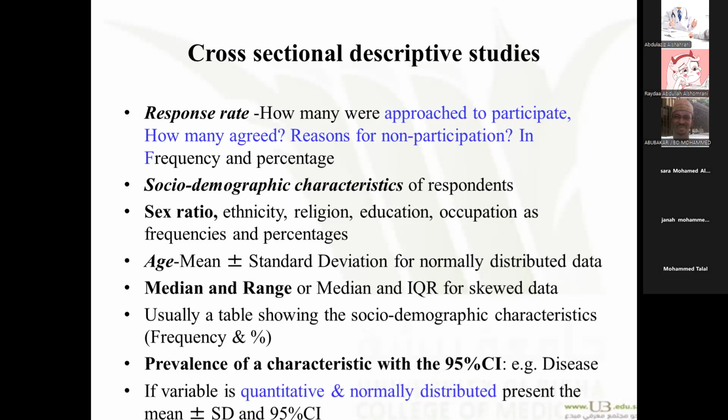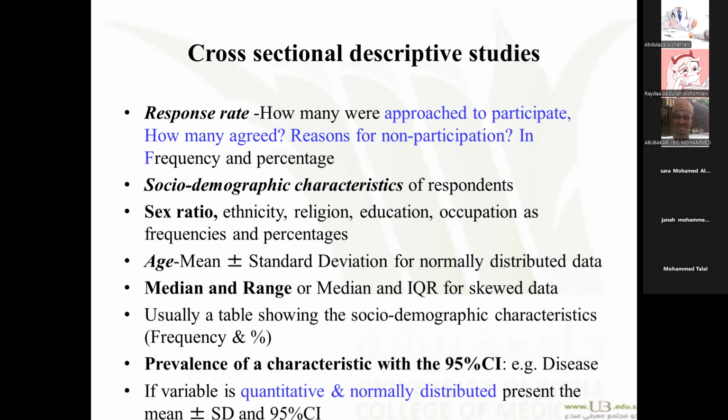Because remember, we always say if the data is skewed, the best measure of central tendency is the median. Now, you also need to give us the prevalence of characteristics with 95% confidence interval.